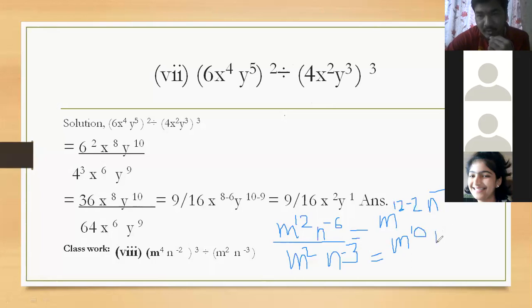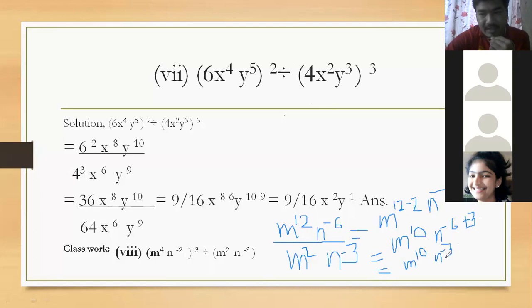And n to the power, what will it be now? Minus 6 minus 3, plus 3 will be there. Minus plus. Your answer will now be m to the power 10 and n to the power minus 3.